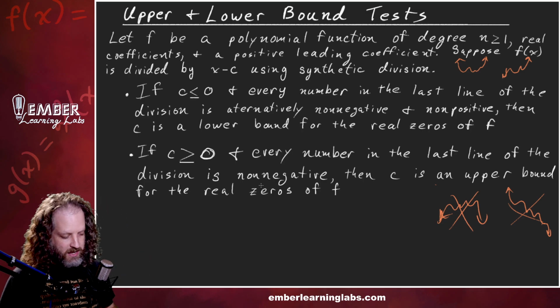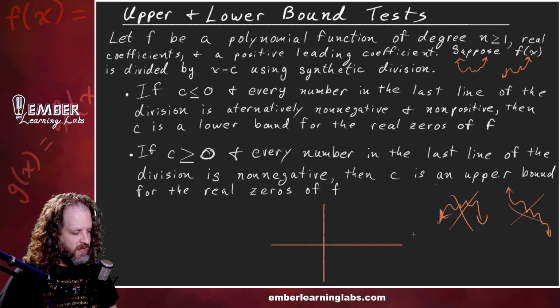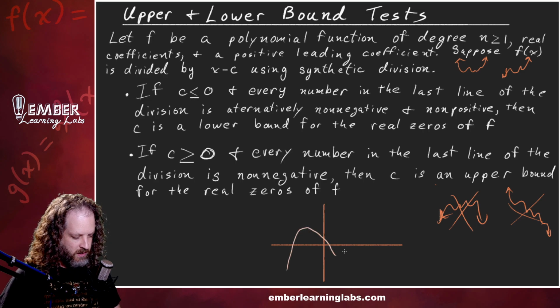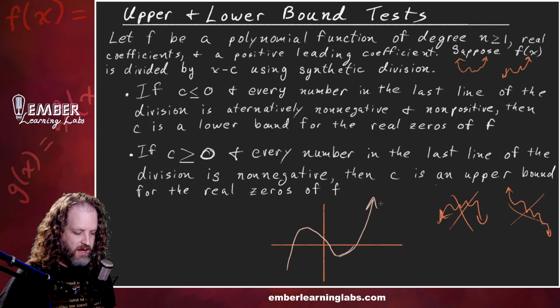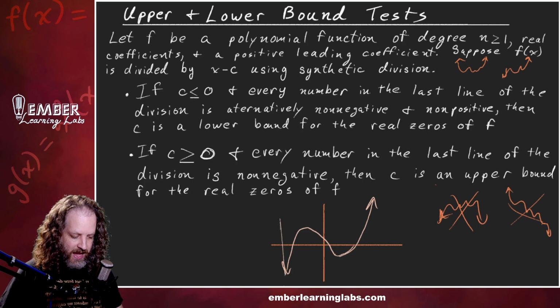So what does that mean? Let's see. If we have a function, something like this, a lower bound means that it is to the left of the lowest zero.